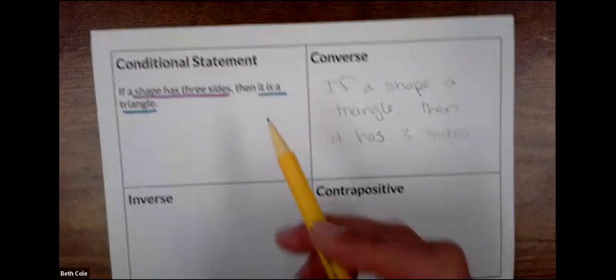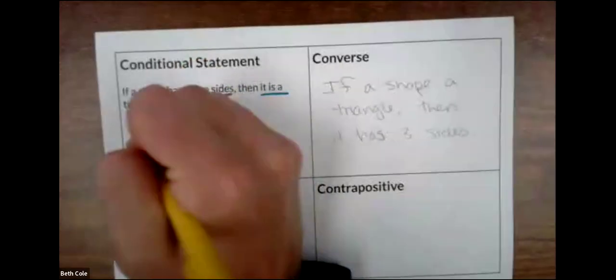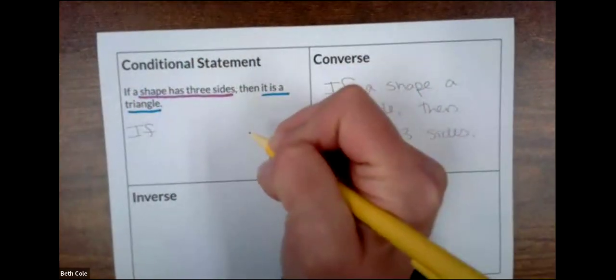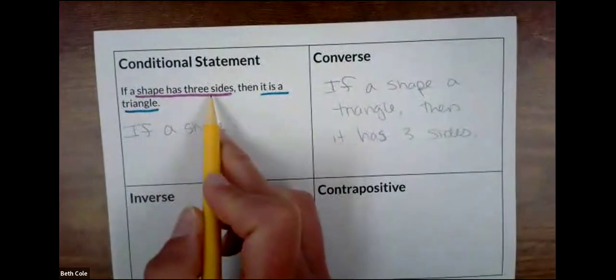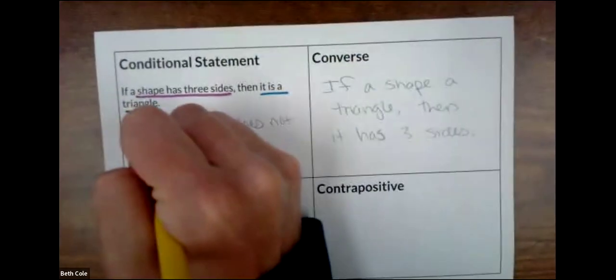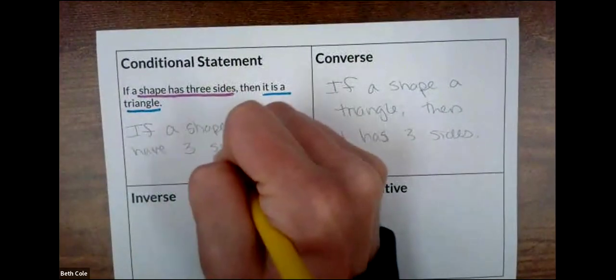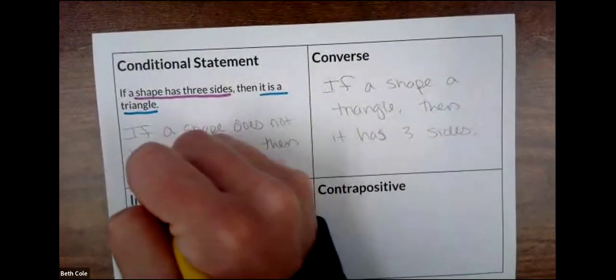We're not switching it. The purple part will still be first. The blue part will still be second. You're negating it. So your hypothesis will now be if what? If a shape does not have three sides, then it is not a triangle.